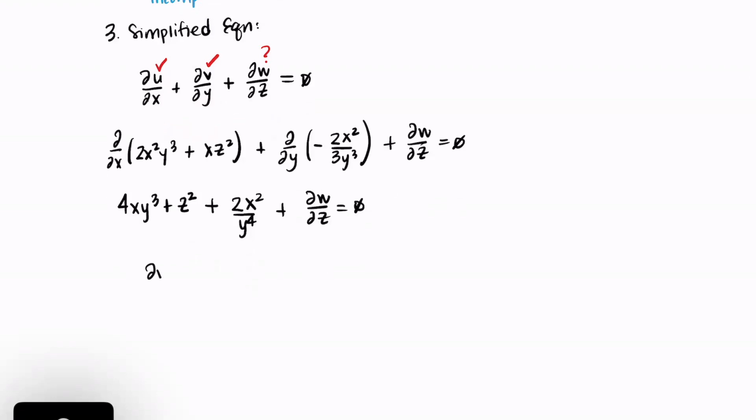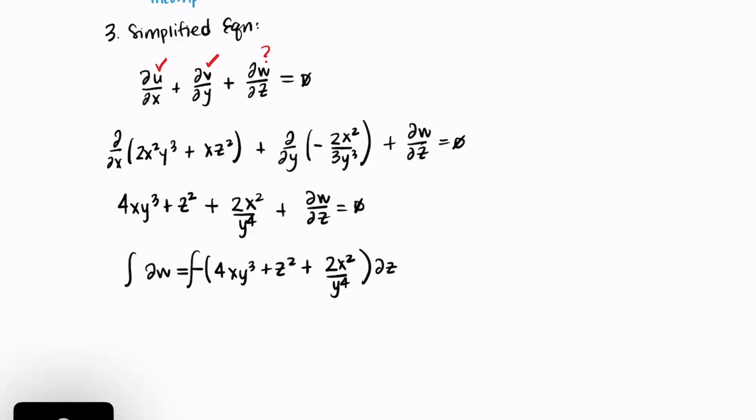So I am going to move all of this stuff over onto the right-hand side. So I have minus 4xy cubed plus z squared plus 2x squared over y to the fourth, partial z. I'm being intentional with my partial derivatives, just to remind you that the constant of integration might be something other than a constant.